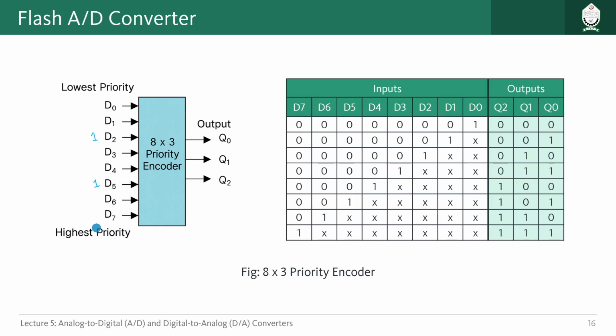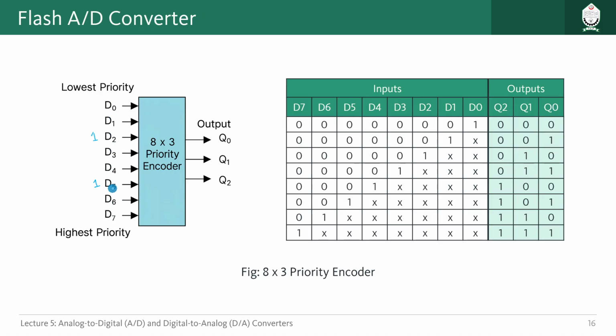Because of that, we have to give some kind of priority to the input pins, so that if 2 or more pins are getting high voltage at the input, we know which one to prioritize. This is done using a priority encoder. You see here D7 is getting the highest priority and D0 is getting the lowest priority. So that means for this particular case, because D2 is getting 1 and D5 is getting 1, all the others are getting 0.